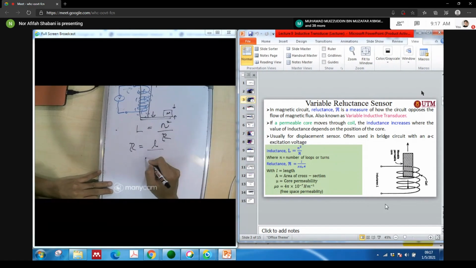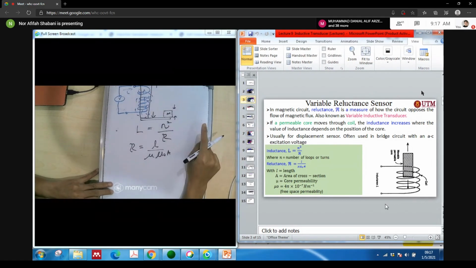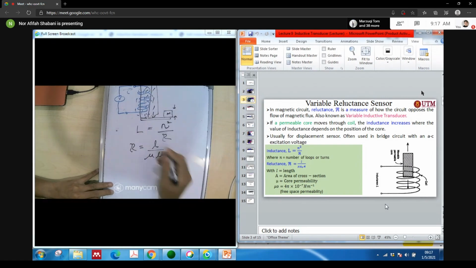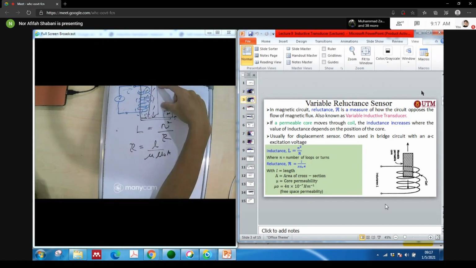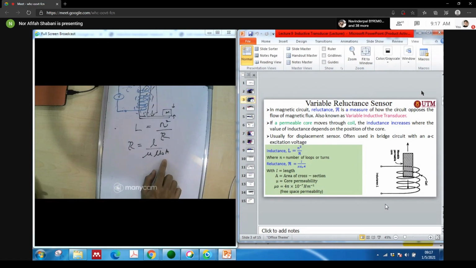divided by mu, mu naught, times A. A means the area of that core. Maybe we can draw a 3D view here. This is the area and so on. L means the length of the movable core, and A is the cross-section area.